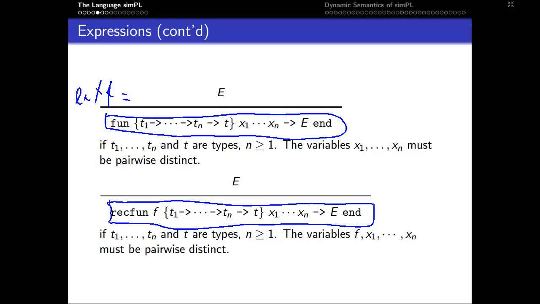What I mean is, doesn't the recfun definition already cover the function definition? It's an extra value that you put in the definition. But doesn't recfun already cover everything that fun can do?